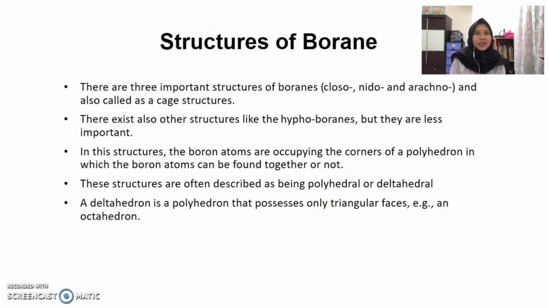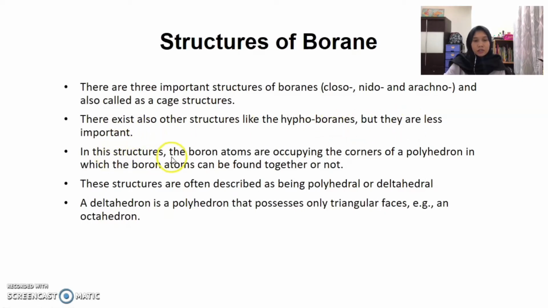Thank you to Sakira. I would like to continue this presentation by explaining the structures and naming of boranes. There are three important structures of boranes, which are closo, nido, and arachno, also called cage structures. There exist other structures like the hyperboranes, but they are less important.